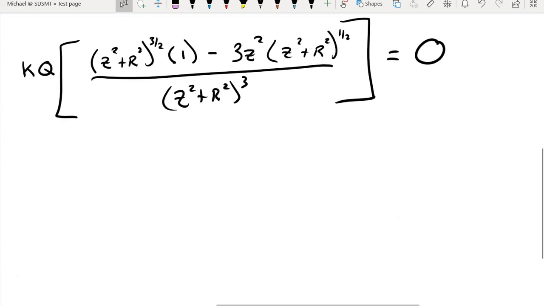The great part about this is that in solving for z, keep in mind that everything has to collapse down to equal 0. So first of all, take note that over here we're multiplying by kq. Both of those are constants. And so if I divide each side by kq, well, I still get 0 on the right. So the k and the q are not going to actually contribute to causing this expression to go to 0.